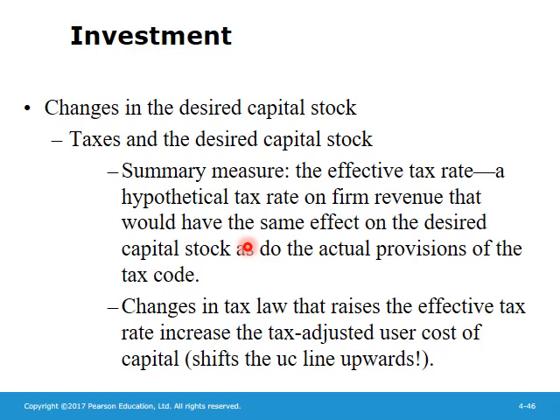Okay? اللي يهمنا من القصة دي طبعا any change in tax laws that would result in an increase in effective tax rate would result in a shift in the user cost curve upwards, increasing the user cost زي ما شفنا and thus lowering the desired capital stock.